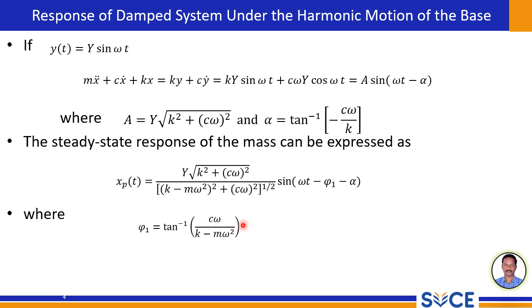The phase of the mass vibration is also shifted relative to the base motion by angle alpha and psi. By analyzing these equations, we can understand how the system's parameters affect its response and design systems to minimize unwanted vibrations.